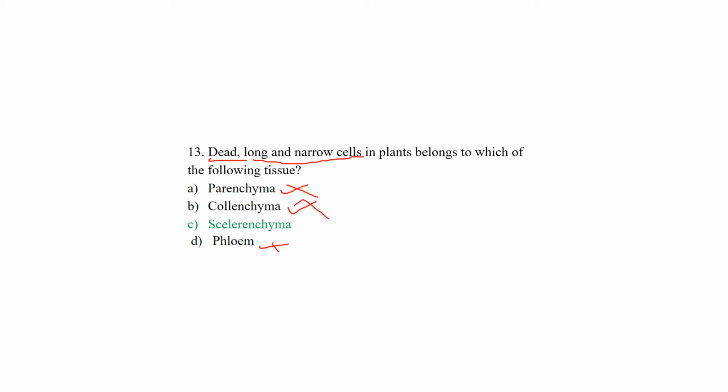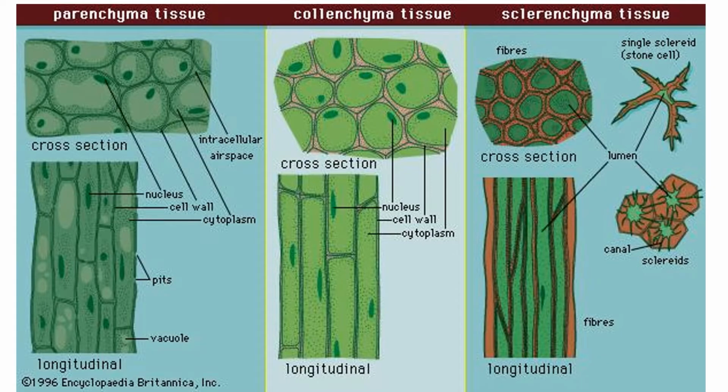Let's discuss all these simple permanent tissues, that is parenchyma, collenchyma and sclerenchyma, so you will get a better idea. Dear students, from this image you will get a clear idea about these three simple permanent tissues: parenchyma tissue, collenchyma tissue and sclerenchyma tissue.